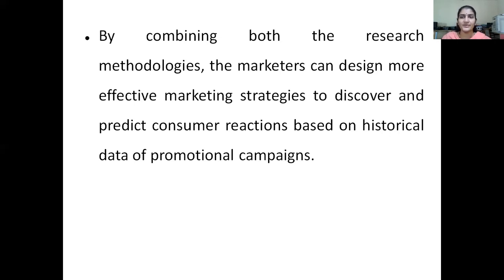Both the qualitative and quantitative aspects are combined, and these combined methodologies are used to design more effective marketing strategies. These strategies help us discover and predict consumer reactions, which are based on historical data of promotional campaigns. So the historical data also plays an important role in planning and conducting promotional campaigns.